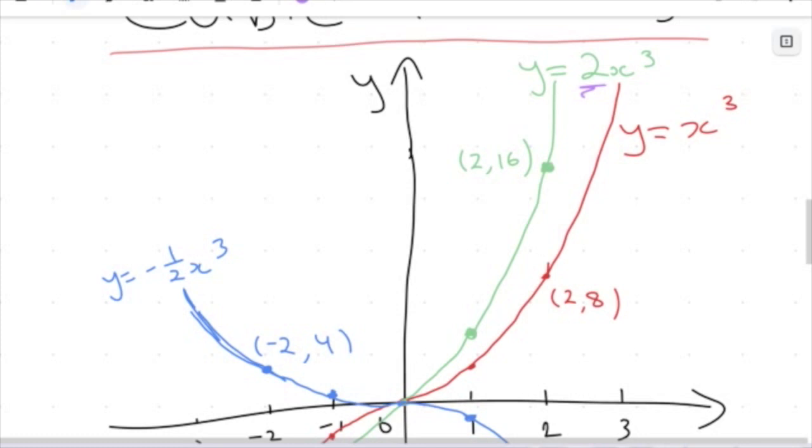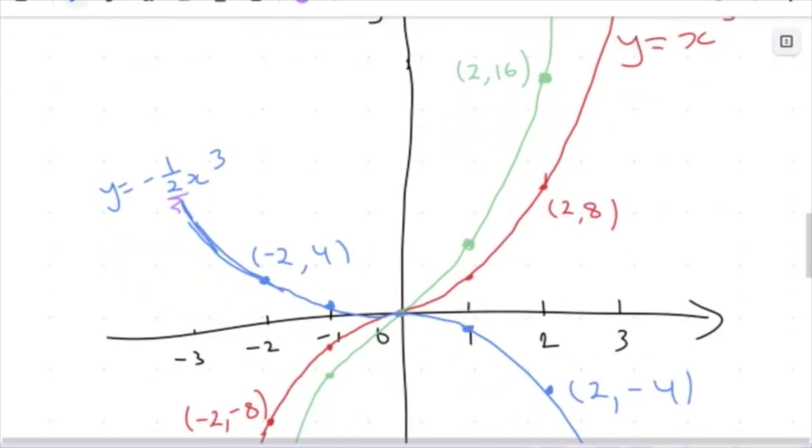If I have a coefficient like a half, which is less than 1, it's going to get a bit wider. And the negative here ends up being a reflection. So my graph will get vertically reflected. Where it was once positive values of y, it becomes negative values for y. Where it was once negative values of y, we now get positive values of y.